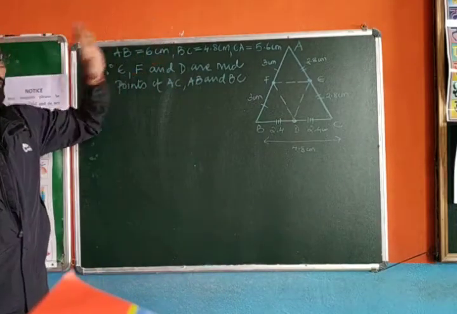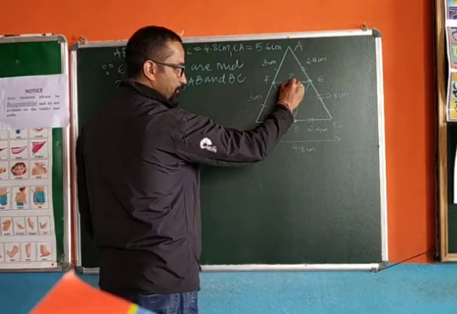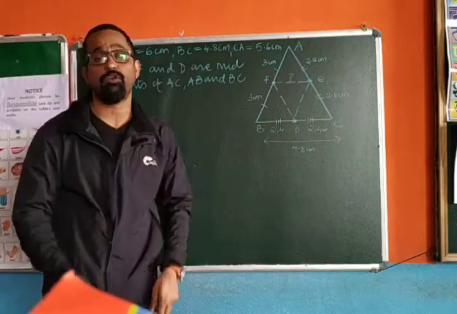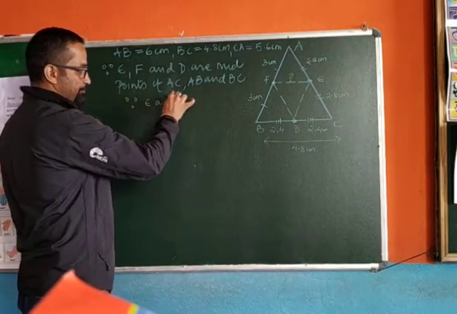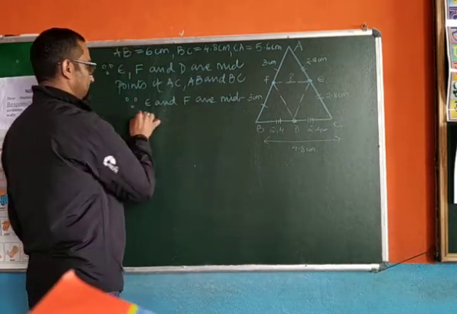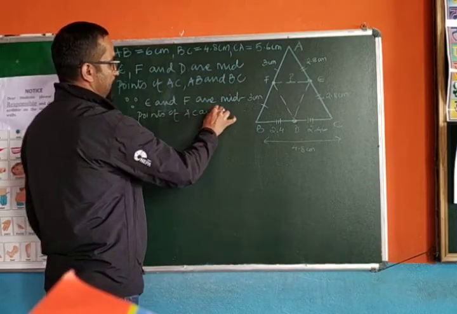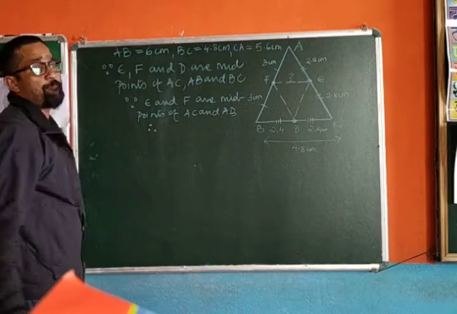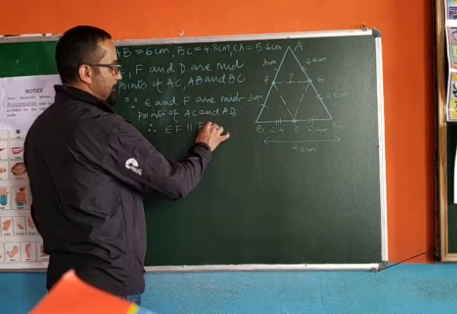We know almost all the sides of the trapezium except EF, and in order to get this we use the midpoint theorem. Since E and F are midpoints of AC and AB, therefore by the midpoint theorem EF is parallel to BC.